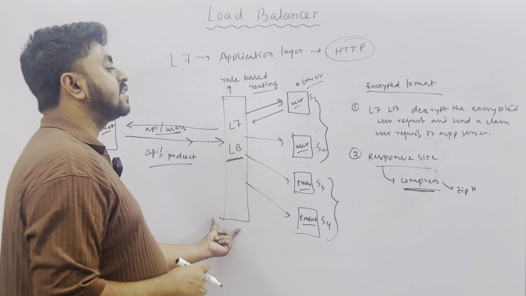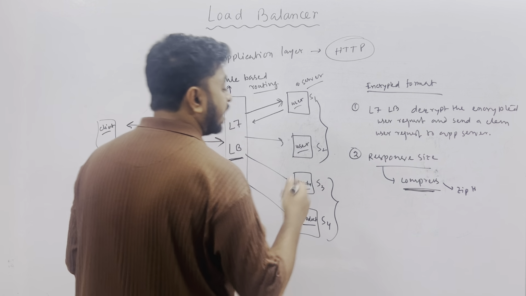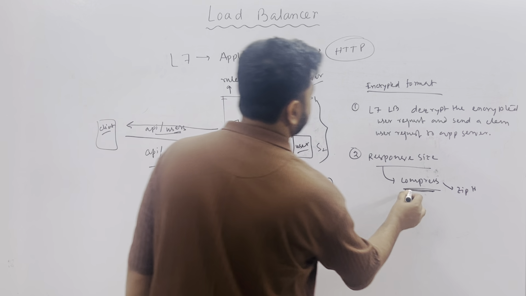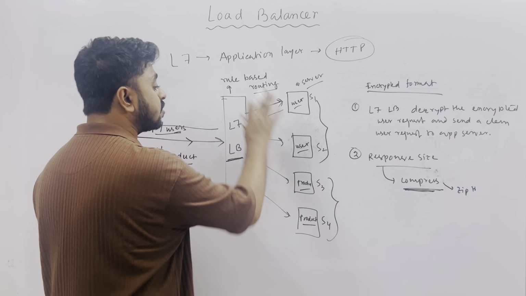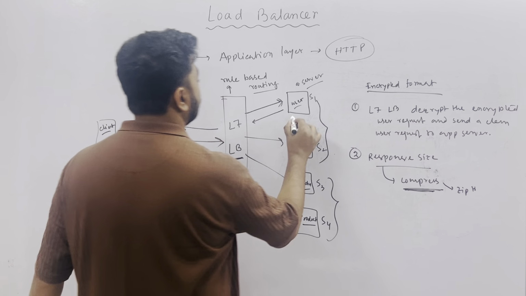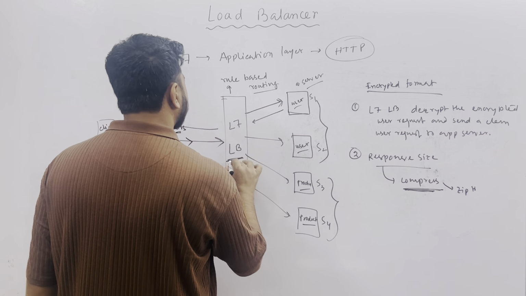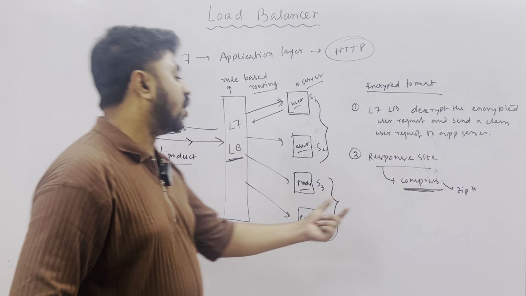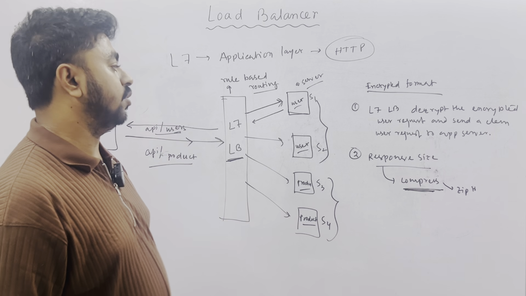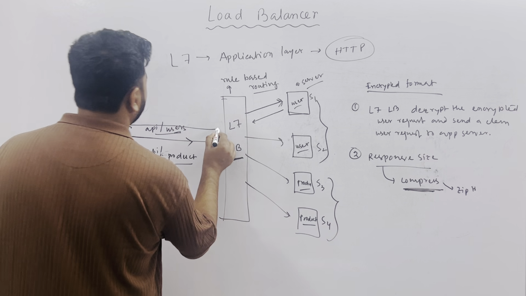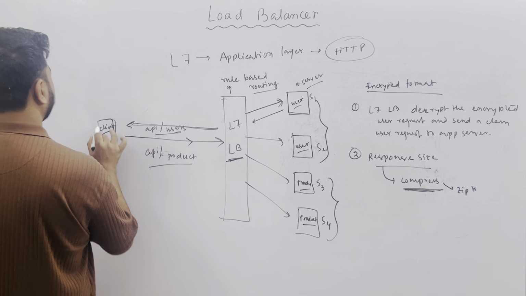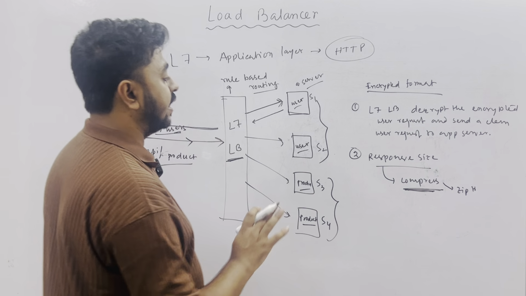But if you use an L7 load balancer, it can handle this task. You do not need to compress your responses from your applications. The L7 load balancer handles this work for you and can send the compressed response to the client. So you do not need to worry about anything.